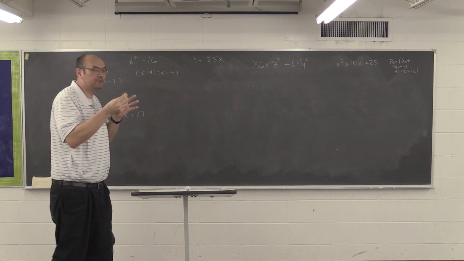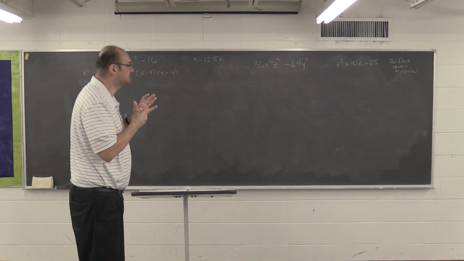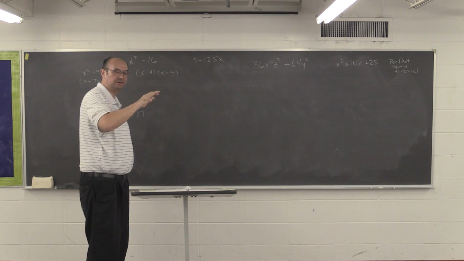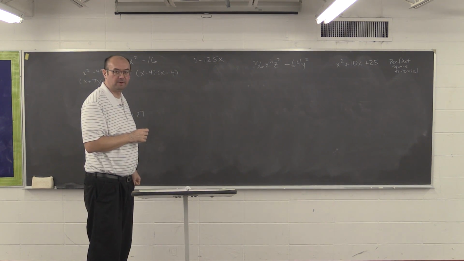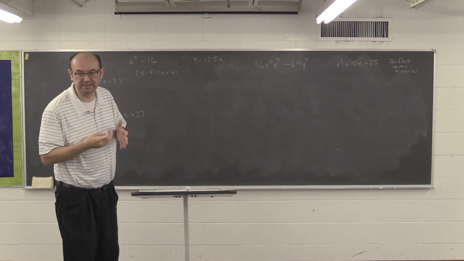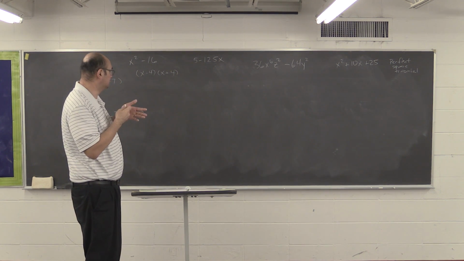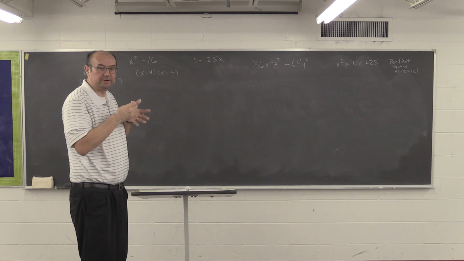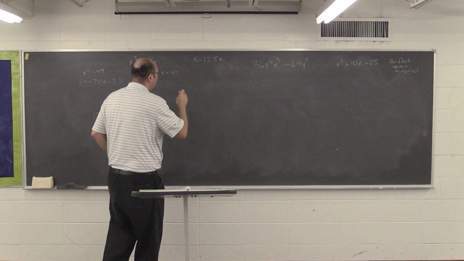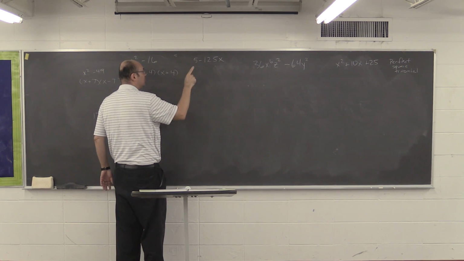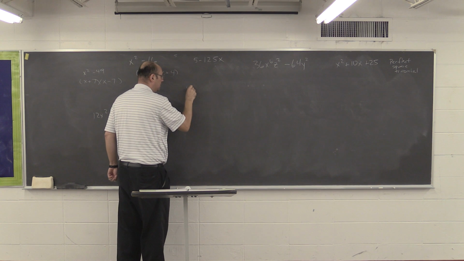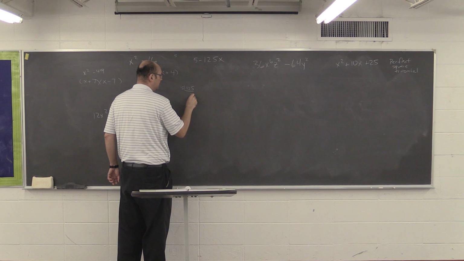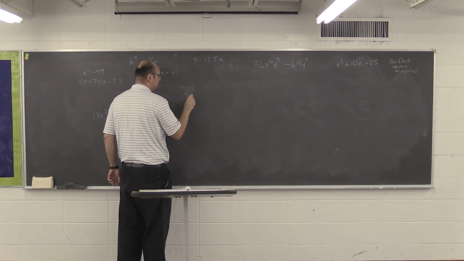Now, we've got another kind of step in our factoring, and we have this binomial here as 5 minus 125x. It doesn't have a perfect square in it, but there is something that we need to do first. It's a binomial that is set up in such a way where we need to pull out some numbers first. So greatest common factor, we generally break everything down. 5 is just going to be 5, where 125, if we were to break that down, we would have 5, and then 25, and then 5, and 5.